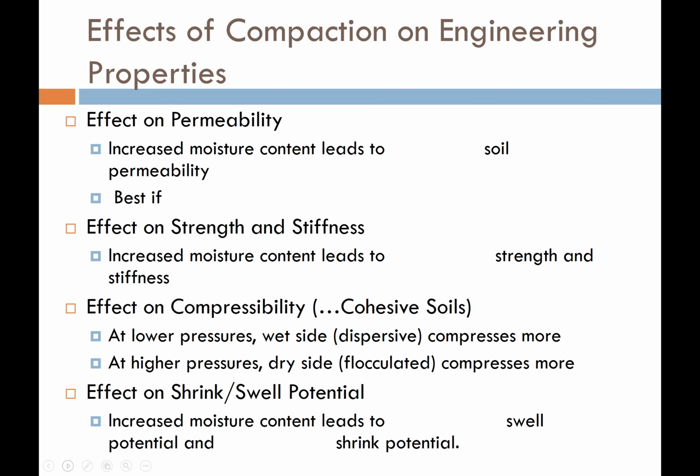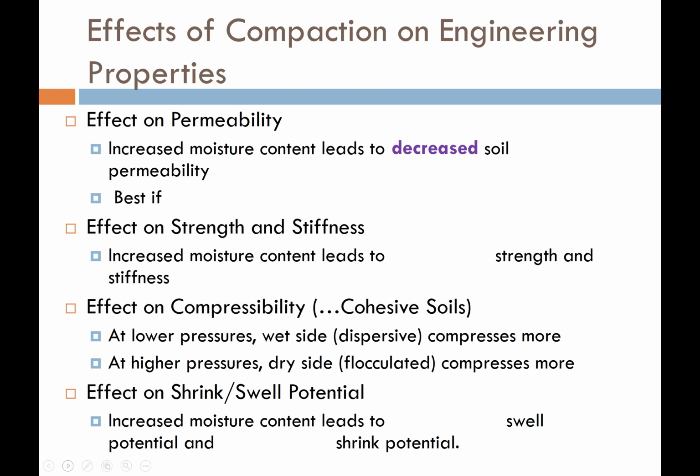So what are some of the effects of moisture content and compaction on soils? Well, let's look at this. The effect on permeability: if I increase the moisture content, or if I go wet of optimum in the soil, this is going to lead to decreased soil permeability. So wet of optimum means that my soil is less permeable, less able to transmit water through it.